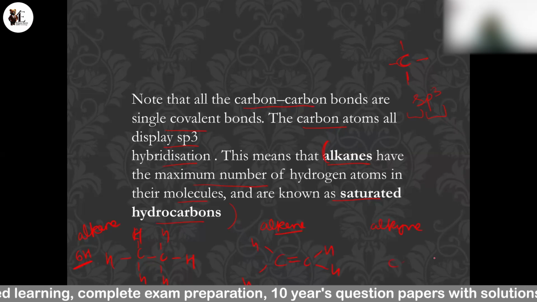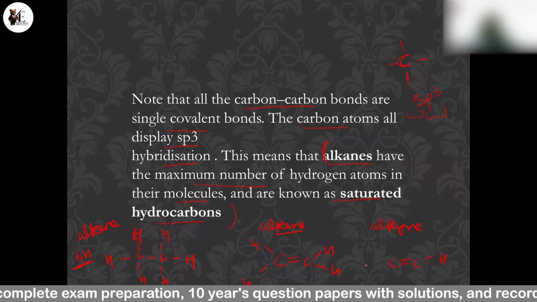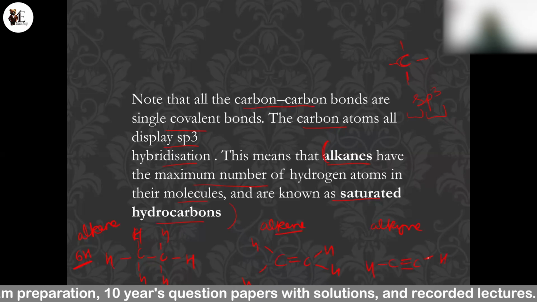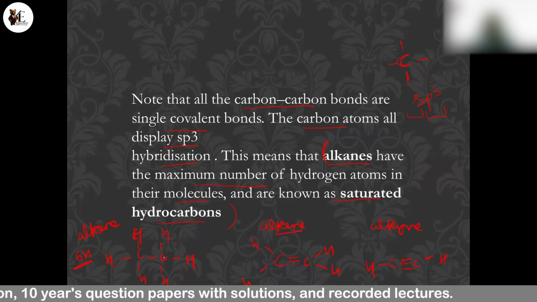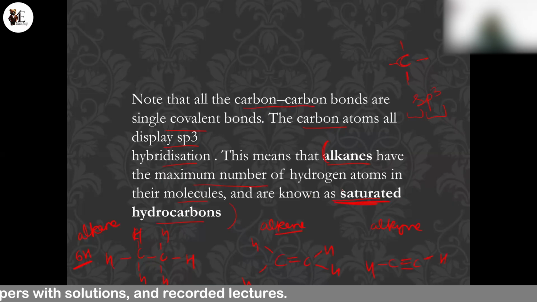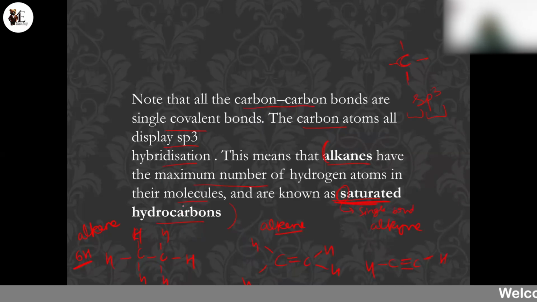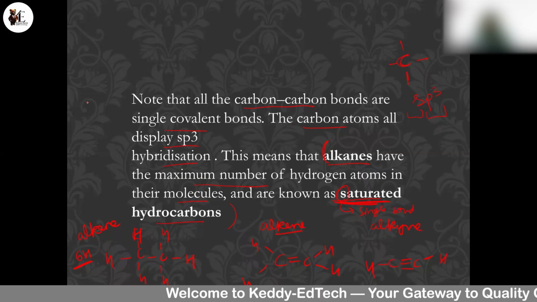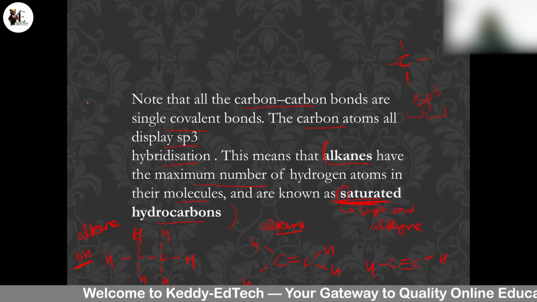So how do you define alkanes? Alkanes are organic compounds which have the maximum number of hydrogen atoms in their molecules and are known as saturated hydrocarbons. You can remember saturated: the first letter is S, S for single bonds. Whenever there is a single bond, it is a saturated hydrocarbon. All these 3, alkane, alkene and alkyne, are hydrocarbons because they are composed of carbon and hydrogen. Clear? Write down the definition for alkanes.